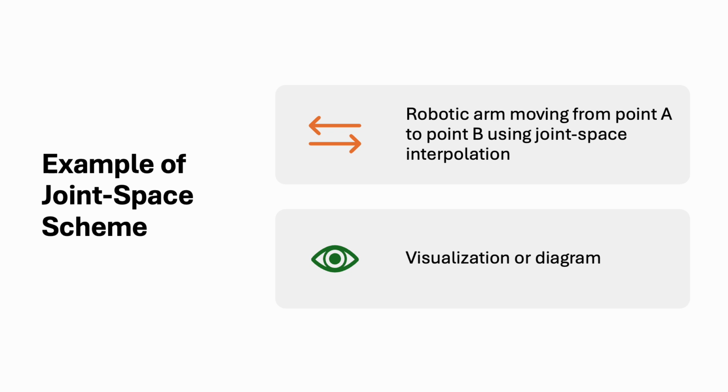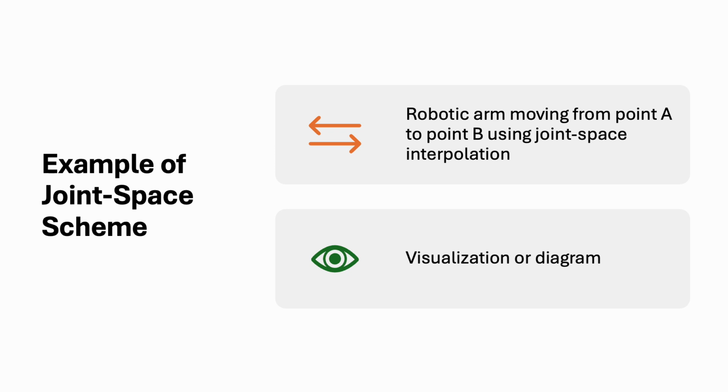In the context of Boston Dynamics robots, such as Spot, joint space schemes are crucial for achieving precise and dynamic movements. These robots utilize a combination of sensors, actuators, and advanced control algorithms to coordinate the motion of multiple joints in real time.